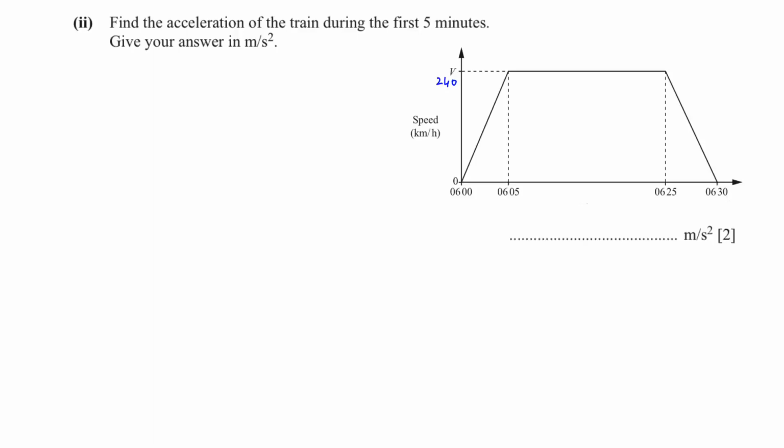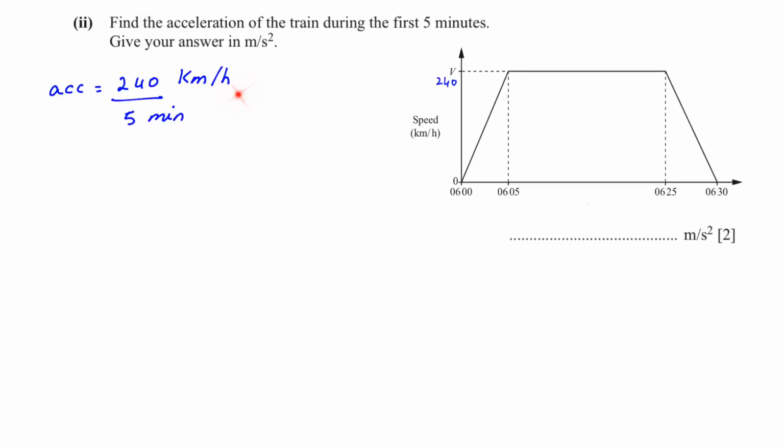To find the acceleration, we subtract the initial speed from the final speed. So 240 minus 0, that will be 240 kilometers per hour, divided by the time taken, which is 5 minutes.